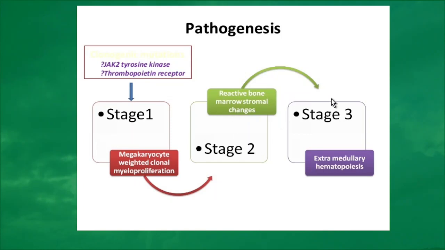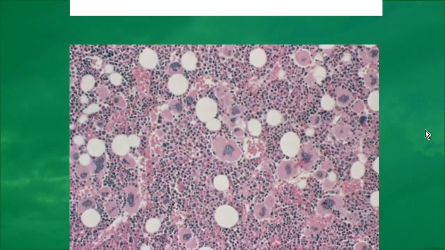And once the marrow is completely fibrosed, or fibrosis increases, the hematopoiesis shifts to places outside the marrow. So it causes extramedullary hematopoiesis, especially in the spleen.